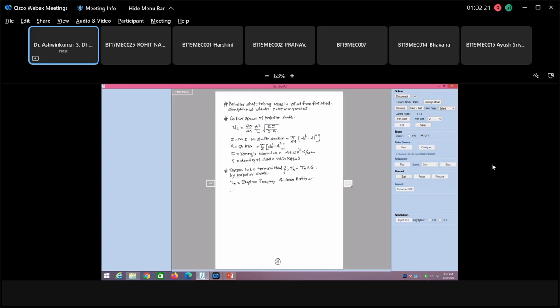Then TD is basically design torque. This can be equal to torque to be transmitted into loading factors, which are given in the data book.